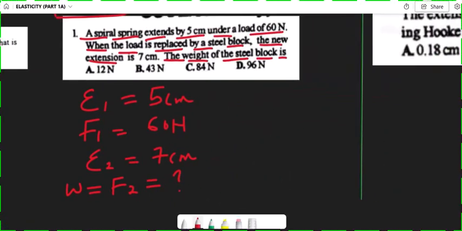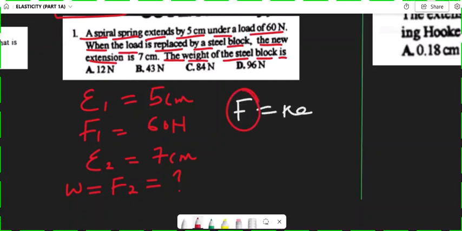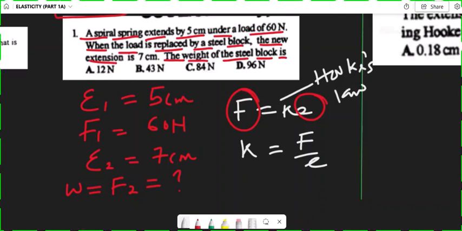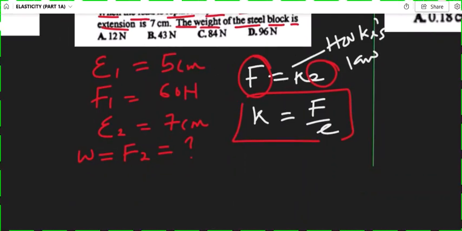The last time I told you how you can get the relationship. F equals KE. Since they're only comparing your force with your extension, you're going to have that our K equals F over E. Don't forget, this is gotten from Hooke's law. Now that we've gotten this, we are going to apply the relationship formula.